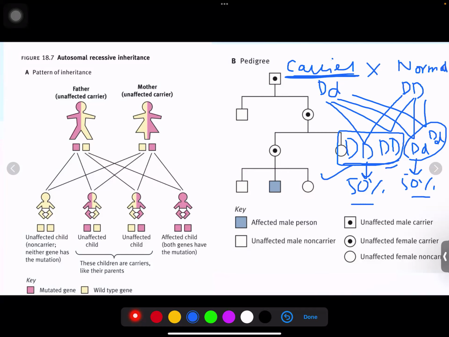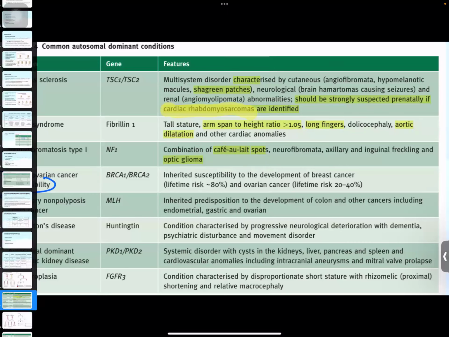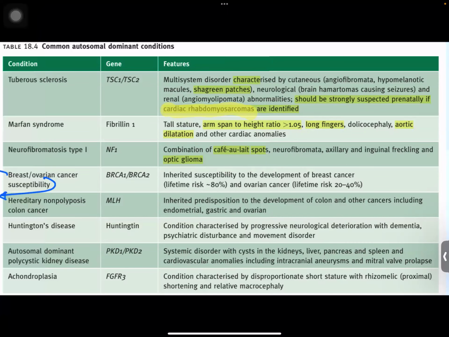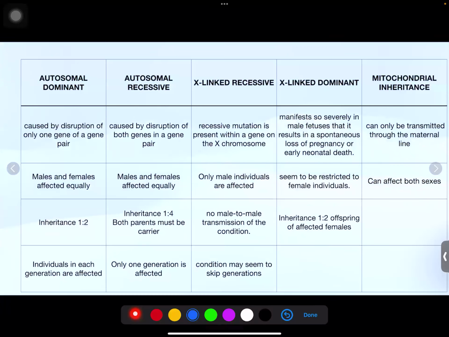This pattern is called skip generations, that if the disease is evident one after many generations. So that was the table, we are coming back here.